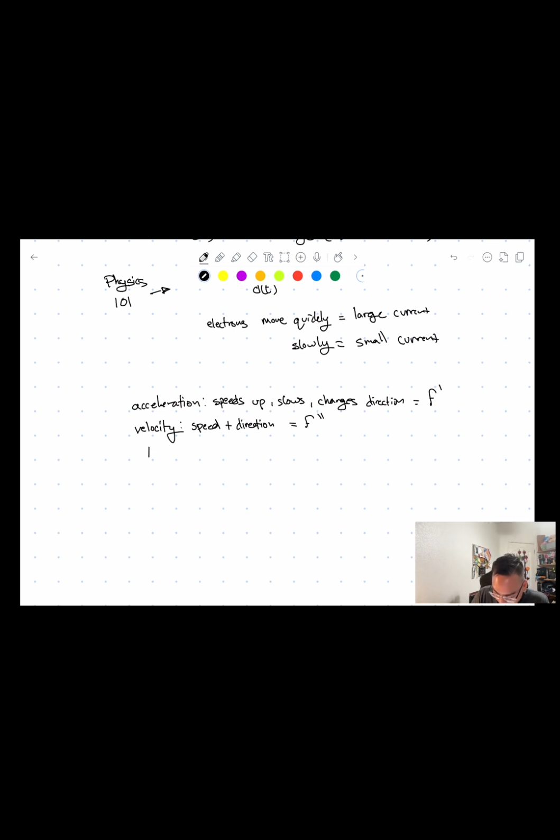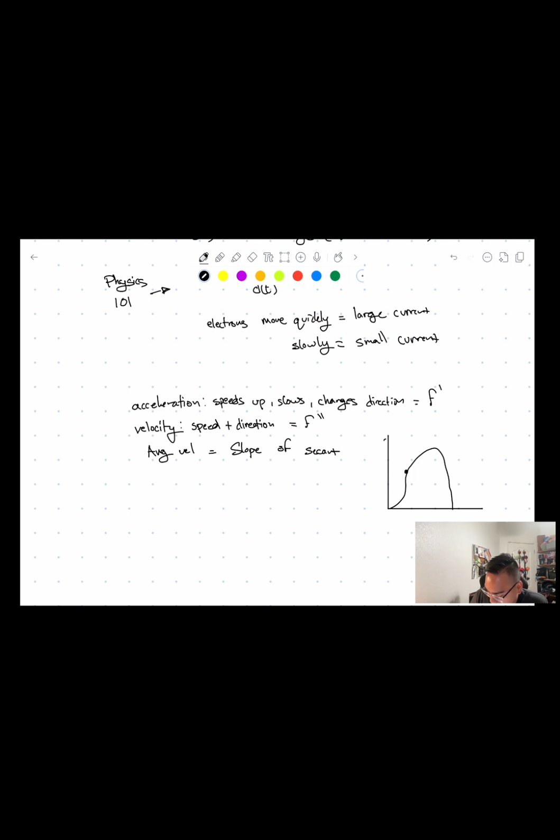And usually, the average velocity is just the slope of the secant line. If you remember correctly, the slope of the secant line is going to be like this. You get a curve.